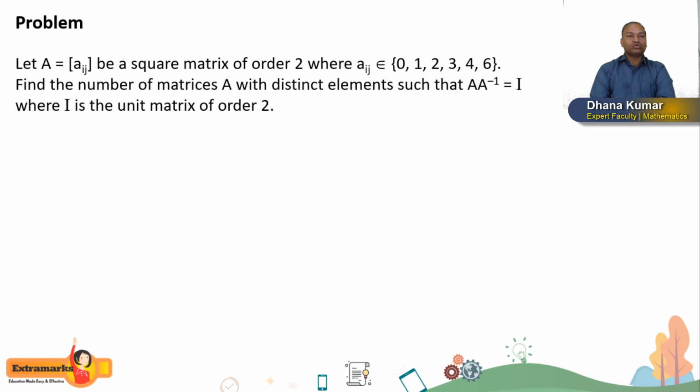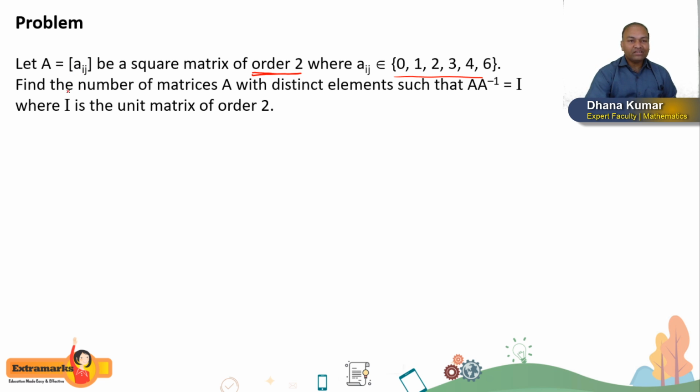Simple and logical question. First you see that statement. A be a square matrix of order 2. Square matrix of order 2 means a 2 by 2 matrix. Fine. With Aij belongs to a set, so the elements in the matrix belong to this set.